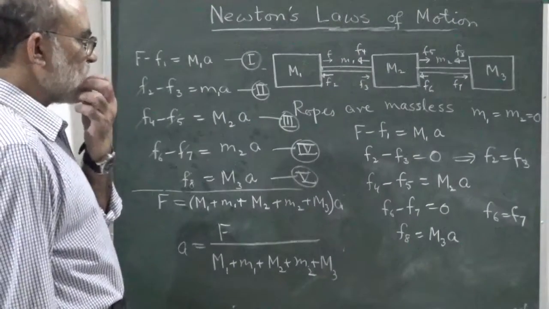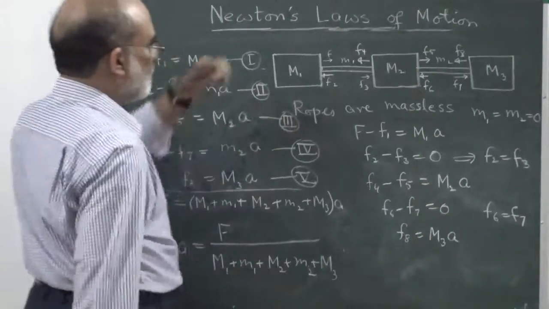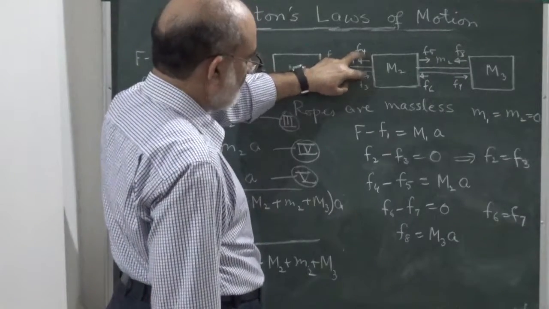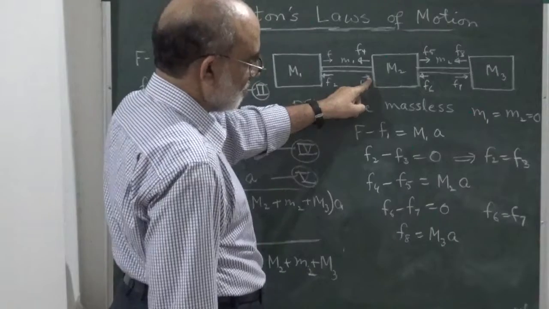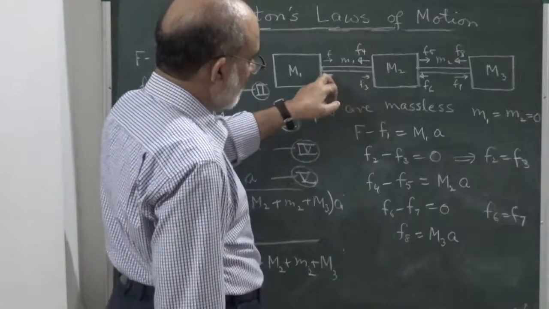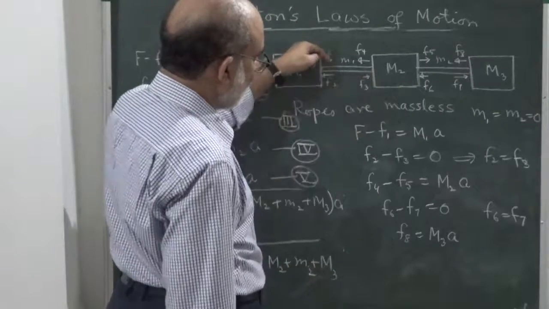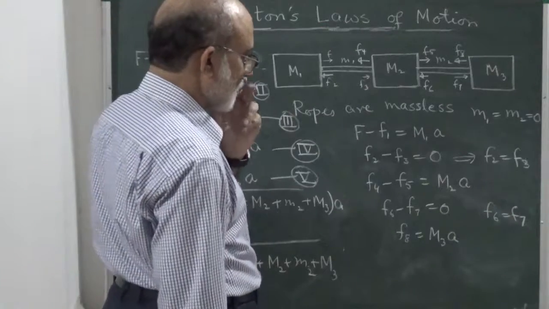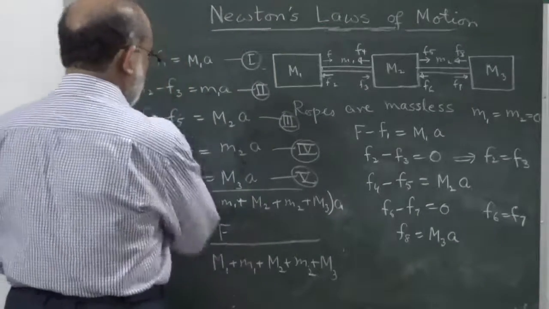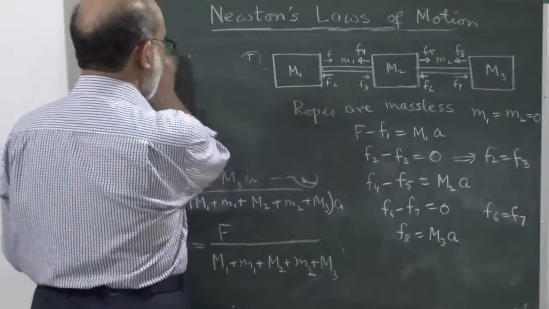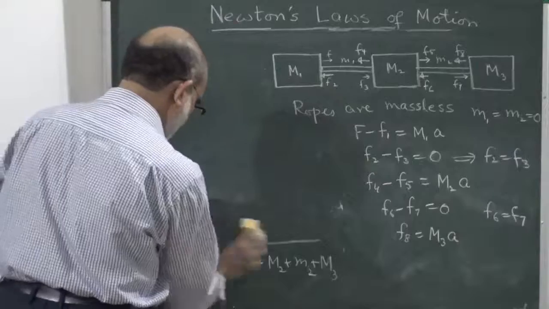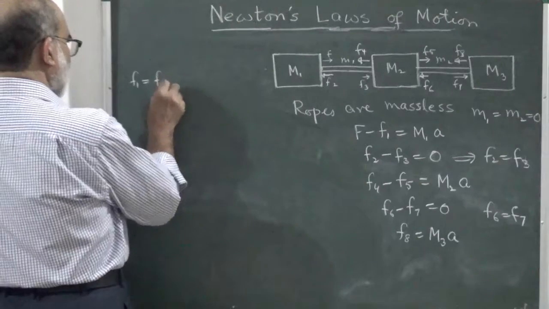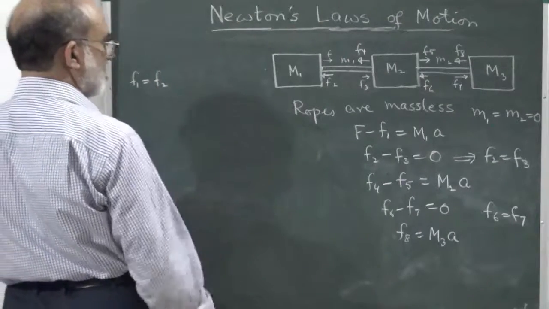So our situation becomes like this: F1, F2 were action and reaction, F3, F4 were action and reaction, but F2 is equal to F3. This means F1, F2, F3, F4, all of them are equal. F1 is equal to F2, which we have already discussed.